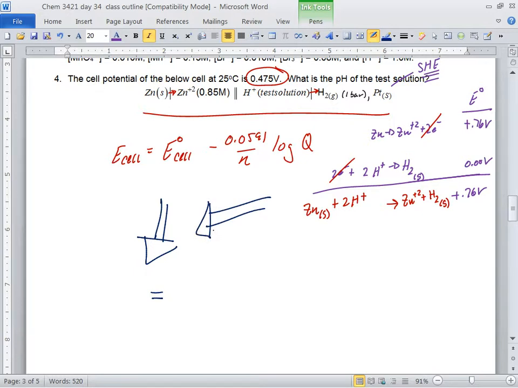So how would you write that Nernst equation? Randy, how would you write that Nernst equation? 0.475 equals 0.76, perfect.